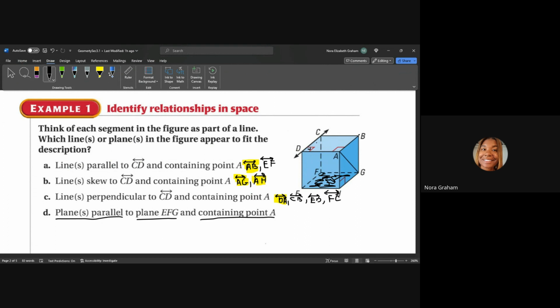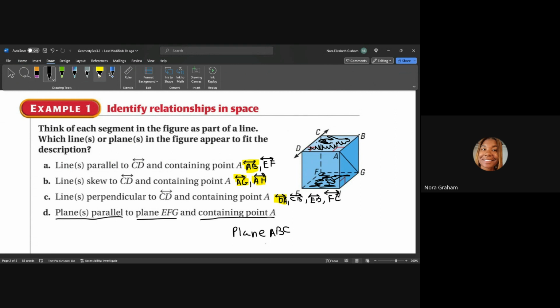If I look at the top of my box, this is another plane that does not touch that lower plane at all, but it's still parallel to it. So I can put plane ABC. All right.